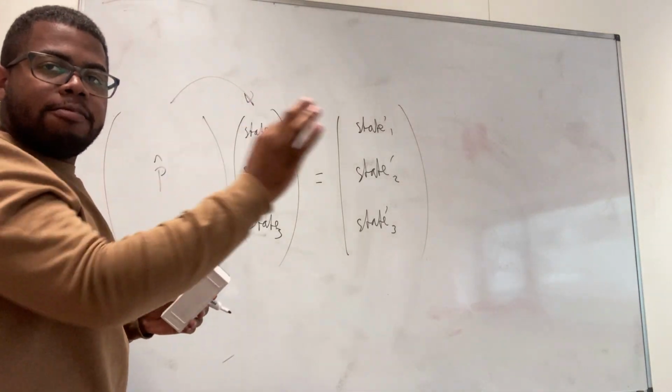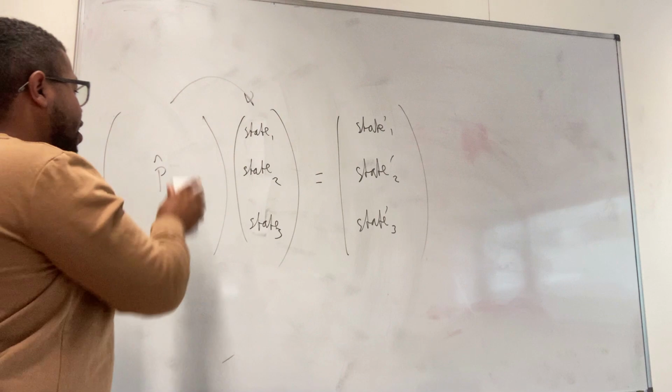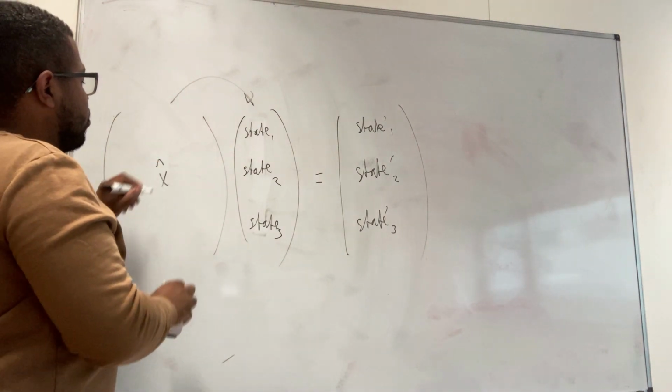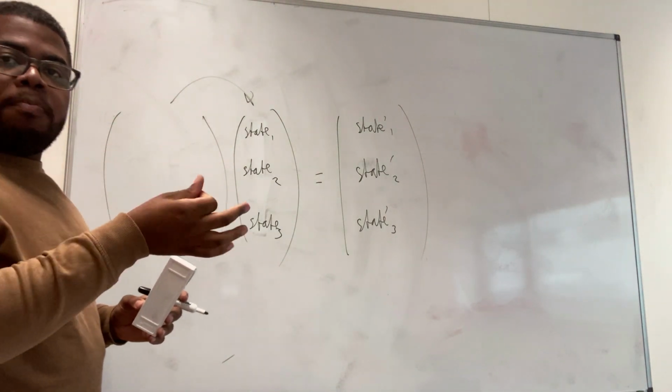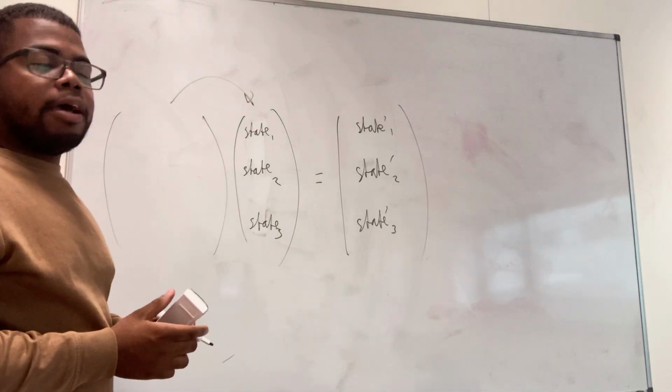So you measure the momentum at which your particle is moving first, and then the position. So the order in which you do this measurement really matters in quantum mechanics.